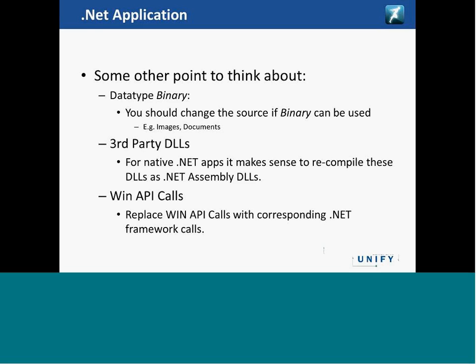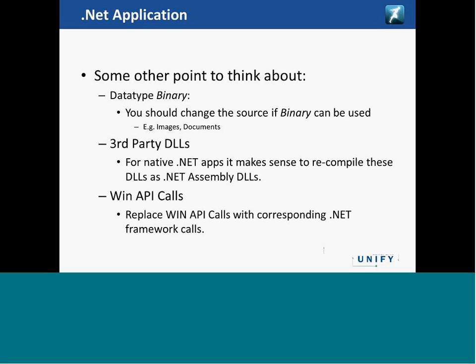Win API calls are very common, for example to find out the TCP/IP address or the login name and so on. It makes sense to replace these Win API calls with corresponding .NET framework calls. For this, we have .NET Explorer, and you can directly look into the .NET framework, find the right function with the right assembly, and we create an APL.